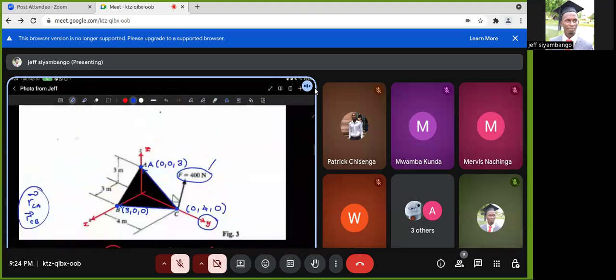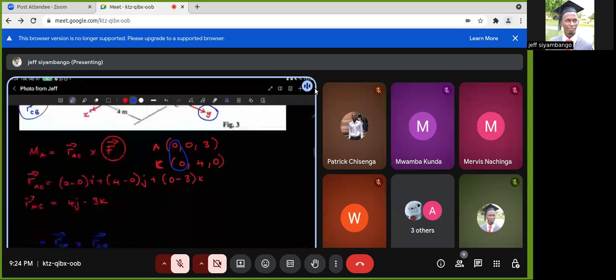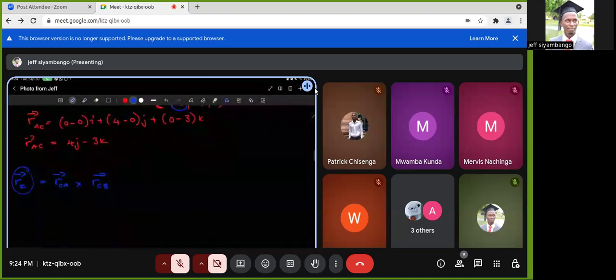Since the force is perpendicular to both R_CA and R_CB, this vector will have to be perpendicular to these two by properties of the cross product.